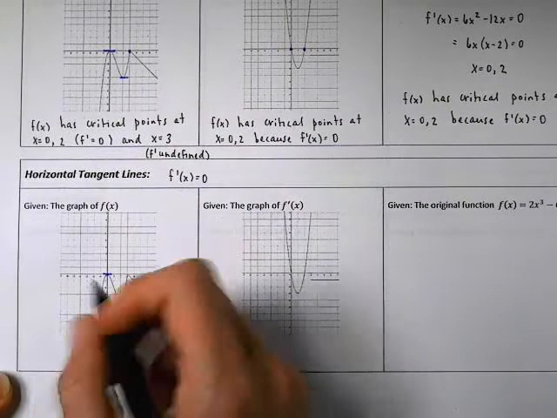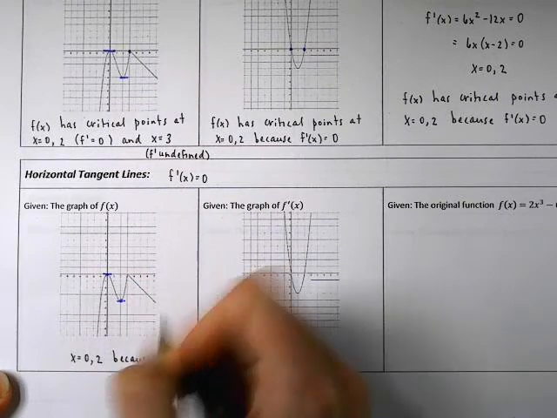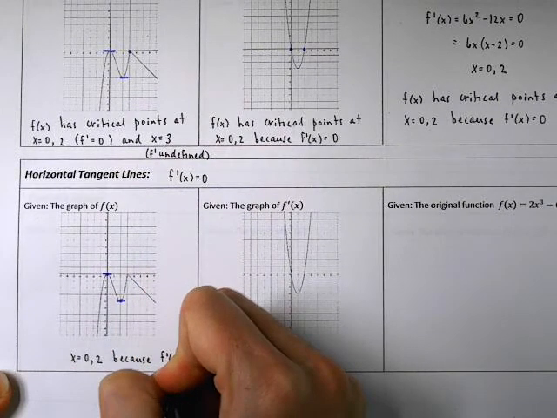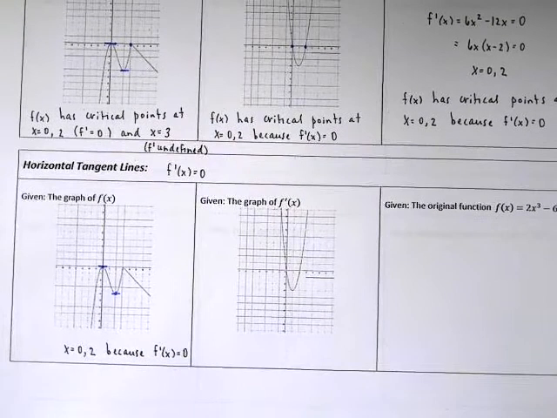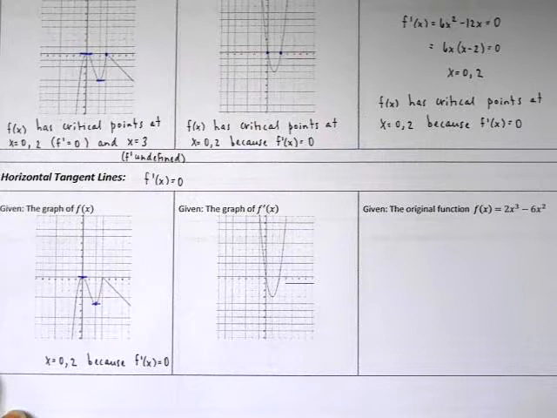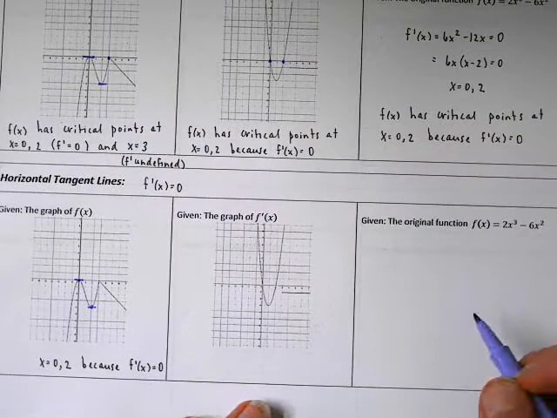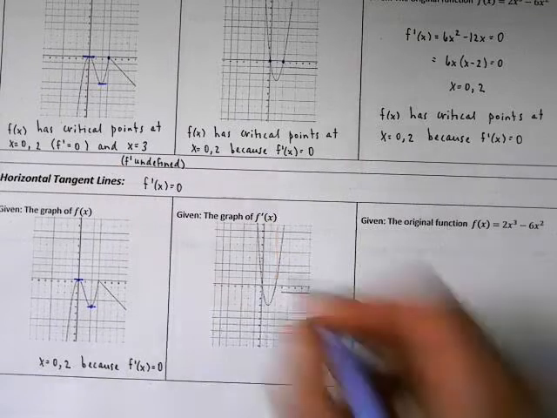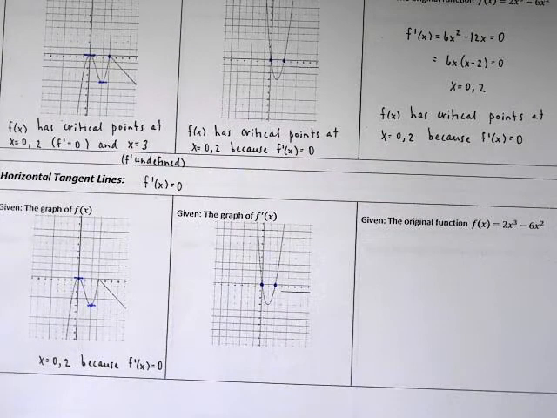And again, that's because f prime of x is equal to 0. In this case, it's actually going to be the same as the above because there were no points where the derivative is undefined, but we know that derivative is 0 here and here.